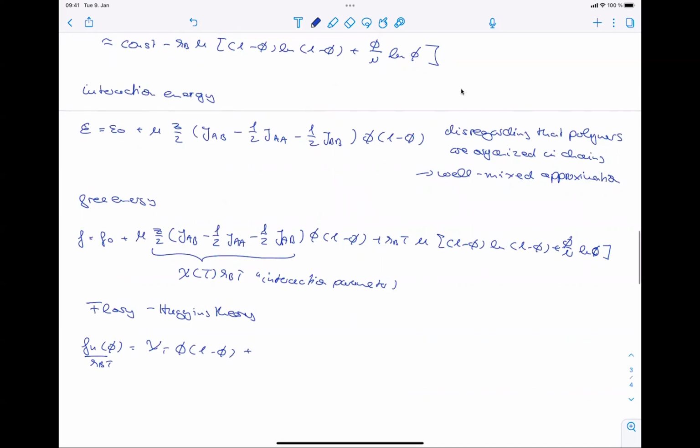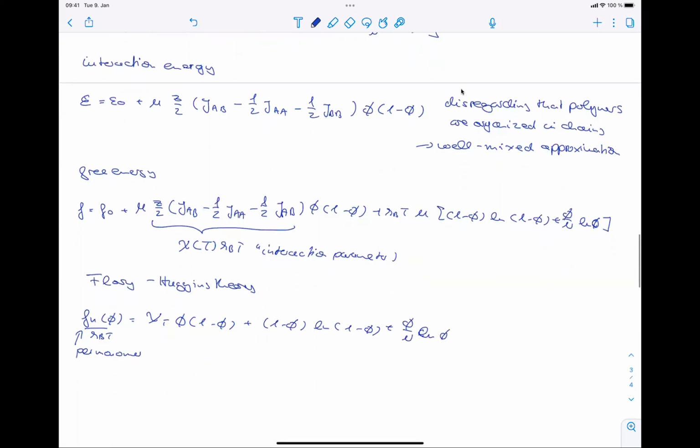and this is per monomer, right? Yeah. 1 minus phi, ln 1 minus phi. And this is typically fit to data.